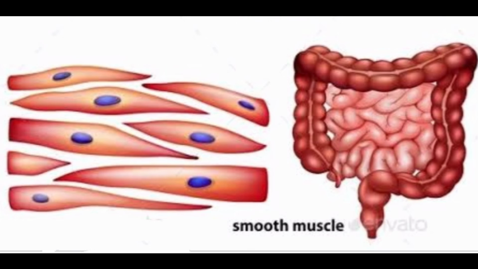The movement of food in the alimentary canal or the contraction and relaxation of the blood vessels are involuntary movements. We cannot start them or stop them simply by our will. They are also found in the iris of the eyes, in the ureter, and in the bronchi of the lungs. The cells are long with pointed ends, spindle shaped, and uninucleate, meaning single nucleus. They are also called unstriated muscles.